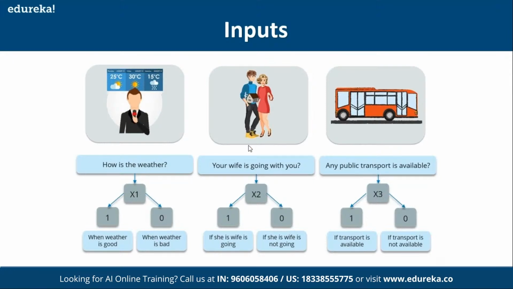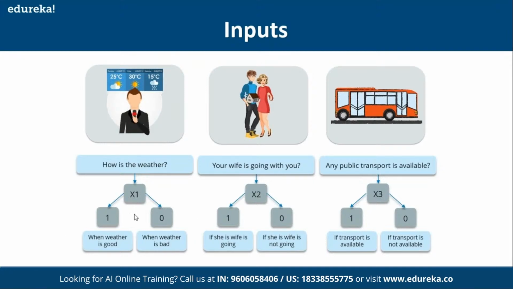If your spouse is accompanying you for a beer festival, it is 1. If not accompanying, it's 0. If there is a public transport which is available, it is 1. If the public transport is not available, it is 0, which means you had 3 inputs. For every input, you have 2 options.